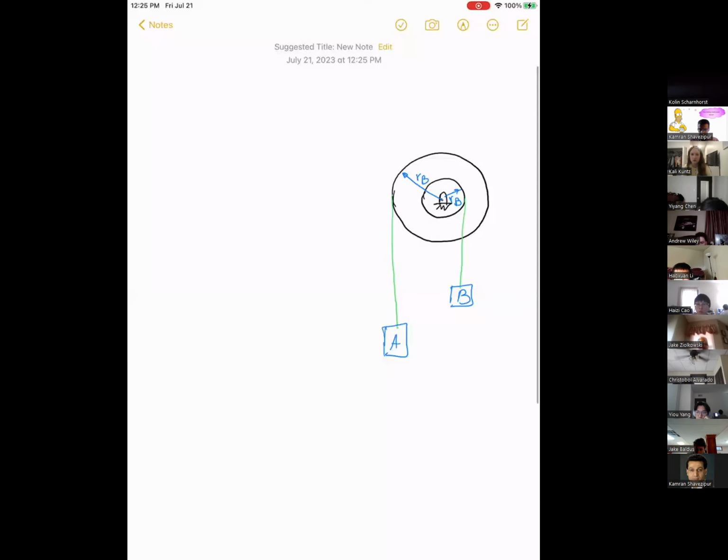Now, again, I'm just going to summarize the information given. So the spool has mass of 30 kilogram. I'm just going to call it MS for spool. MS is 30 kilogram. MA is 25. MB is 10. RA is 0.3 meter.